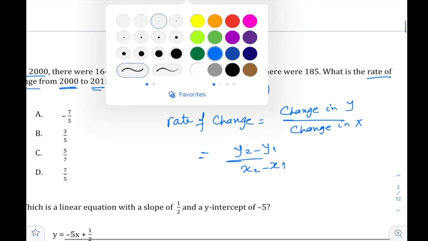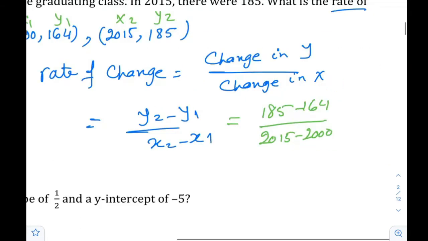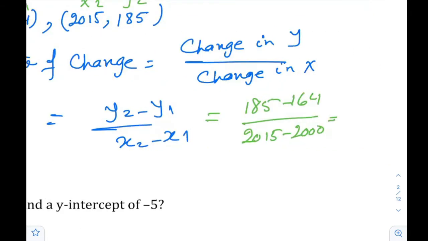If you consider that this is the first point, يعني هاي x1, y1, and this is x2, y2, you can replace and use this formula. So it's 185 minus 164 over 2015 minus 2000. Now, subtract 185 minus 164, which is 21, over 15.